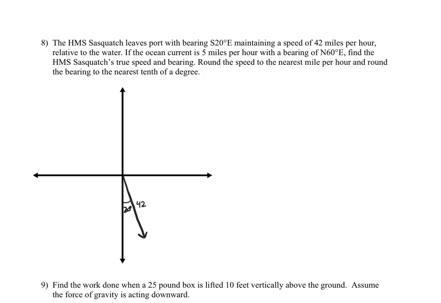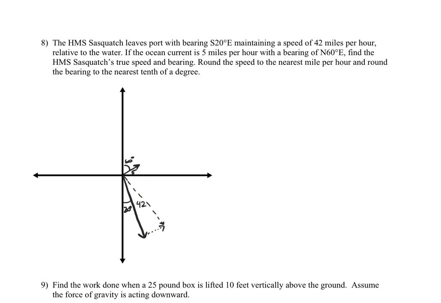The current of the ocean is 60 degrees east of north. The magnitude of 5 miles per hour. So really what we're trying to get here is if we were to translate that vector down here, we need this resultant vector. So we need the angle, the bearing there, and the magnitude of that vector.